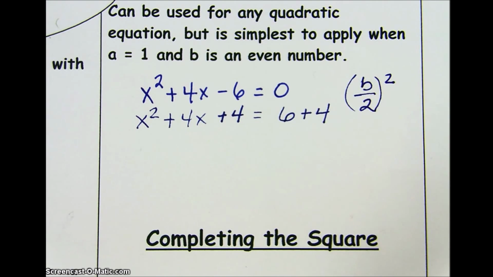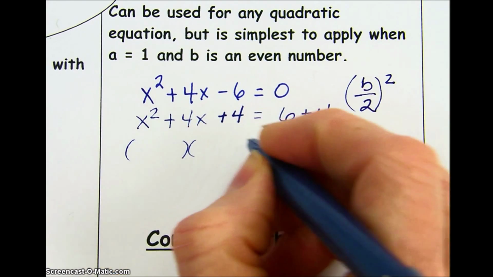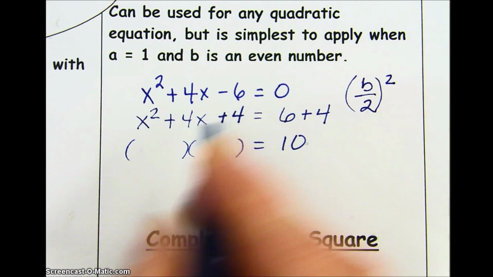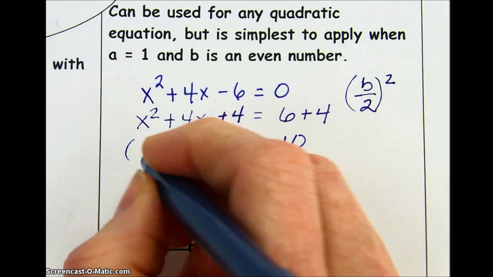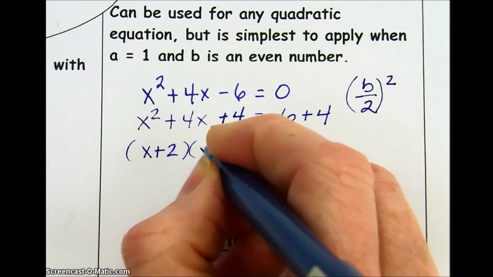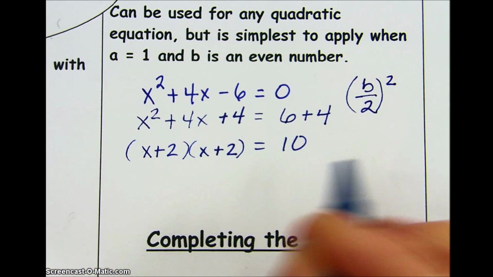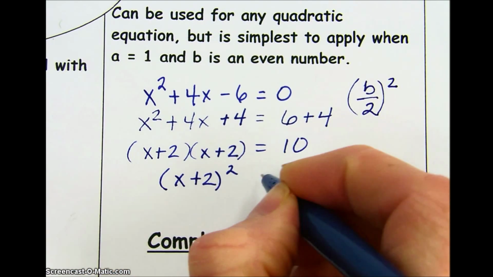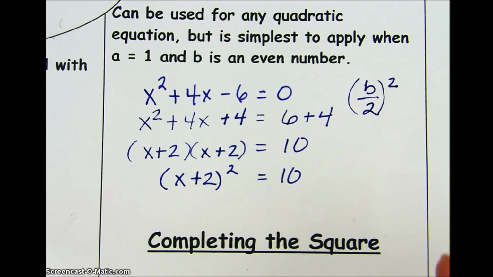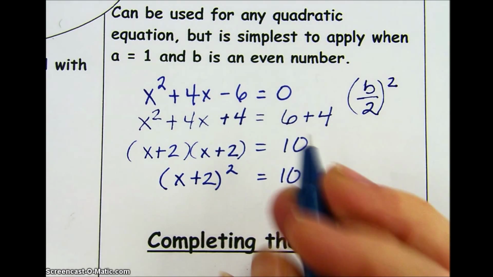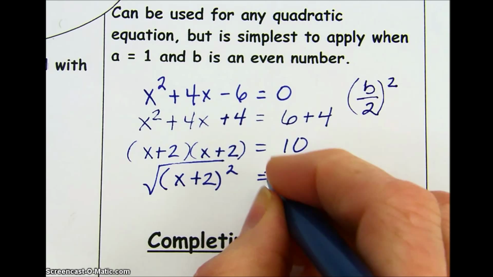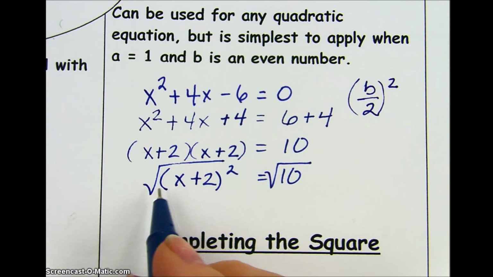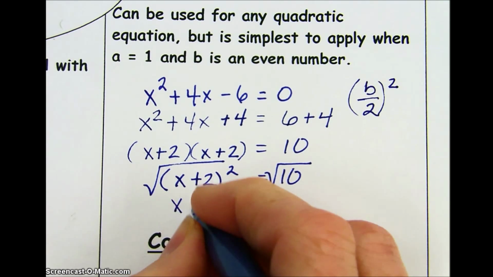Now the reason why we did that is because now we can actually factor this quadratic equation, x plus 2 times x plus 2. And we can condense that to x plus 2 squared equals 10. Now, since we have the square, we can take the square root of both sides. These operations undo each other.